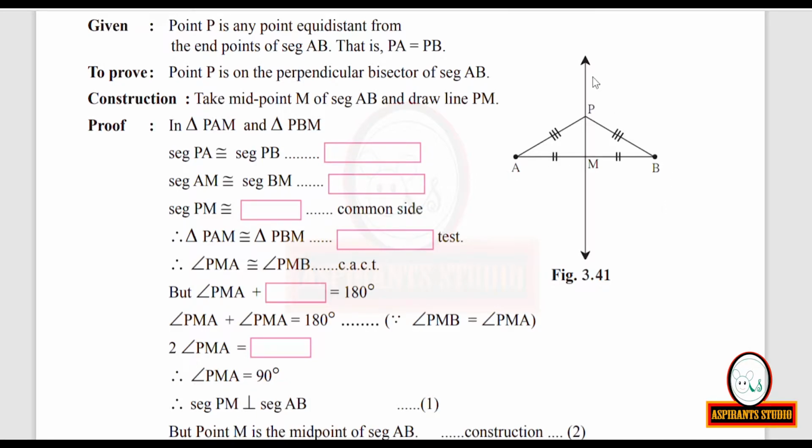So we are taking a point M of segment AB, that is a midpoint. Take midpoint M of segment AB and draw line PM. This is our construction. Now we get two triangles, triangle PAM and triangle PBM. Segment PA is congruent to segment PB, that is given.